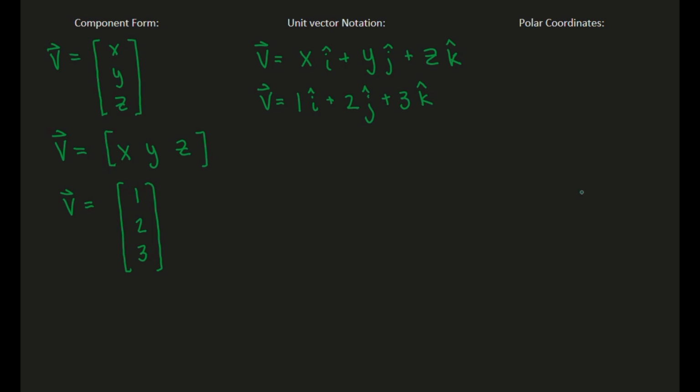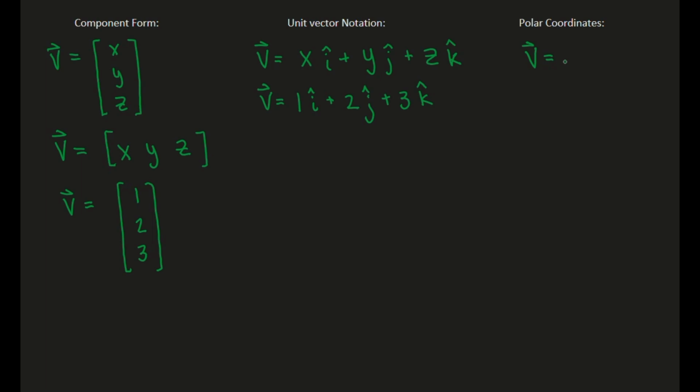Now the other form in which I can write a vector is called polar coordinates. Polar coordinates has to deal with the magnitude of the vector and the angular direction in which it is going. And we can do that in 2 ways. So one way is where we see that same vector v, and instead of writing x, y, and z, we write some r, denoting r for radius, or you can think of this in the same terms as a hypotenuse, because that's kind of what it correlates to if you're thinking of trigonometry.